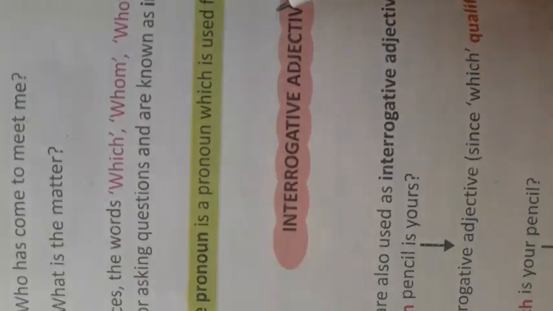Interrogative pronoun. Interrogative pronoun is very easy. An interrogative pronoun is a pronoun which is used for asking questions. For example, you can see here in the interrogative pronoun, which is your book?